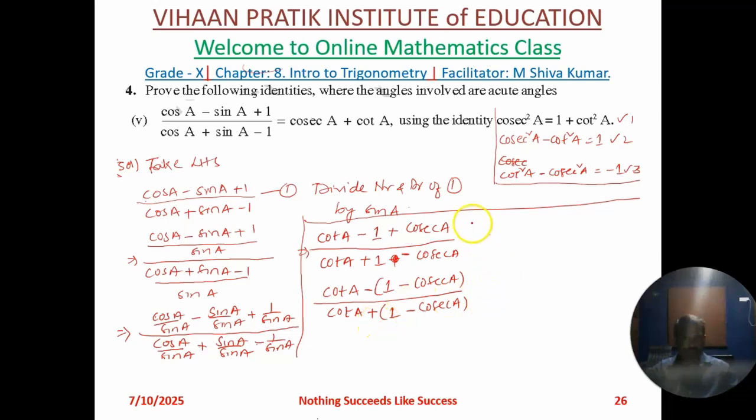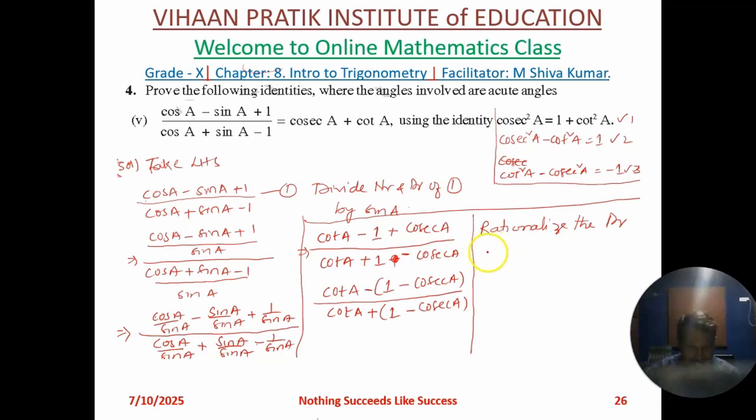So what we have to do? We have to rationalize the denominator. Here the denominator is cot A plus 1 minus cosecant A. Since the sign is plus, after rationalizing it will become minus.